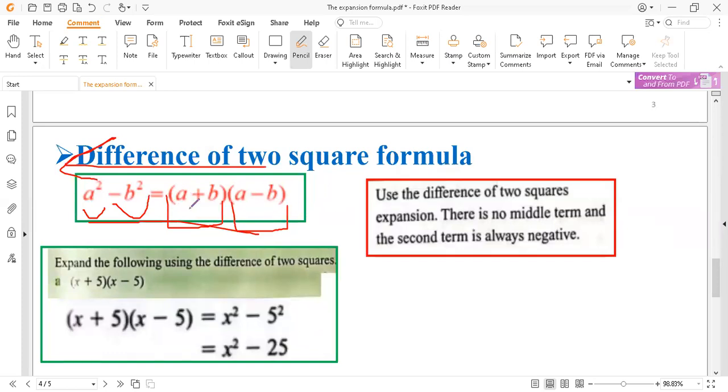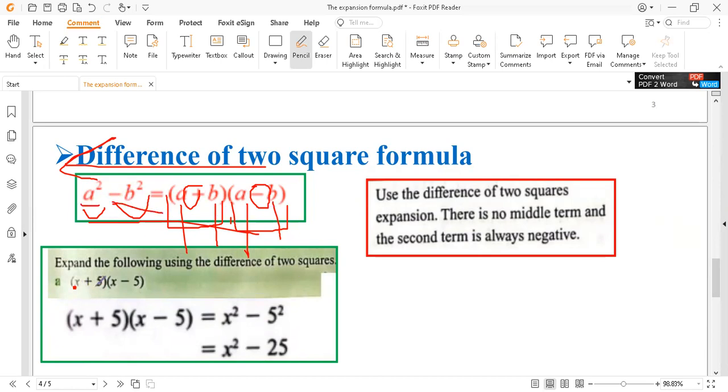So if we have (a plus b) by (a minus b), the first term is the same and the second term is the same in the first and second parentheses, but instead of plus we have a minus. So we have the conjugate. If we multiply the conjugate parentheses, we obtain a squared minus b squared.